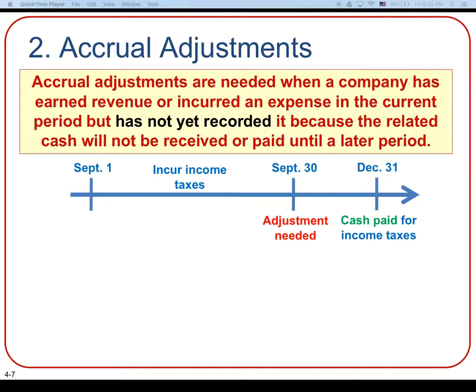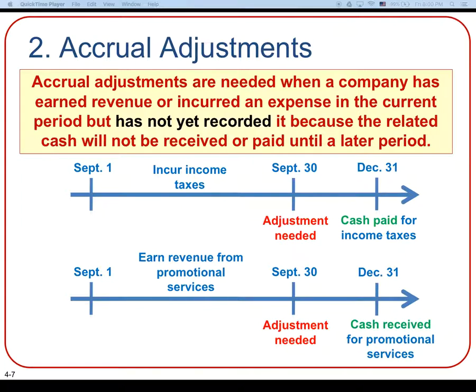So then each month you need an adjustment to record your income tax. December 31st, that's when you actually pay the cash. So at each month's end, you have to accrue your income tax. Okay. So another one was that in the month of September, you earn your revenue from promotional service, but you don't receive your cash until the end of the year.